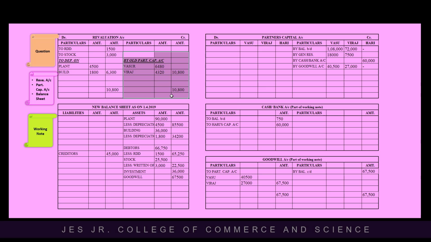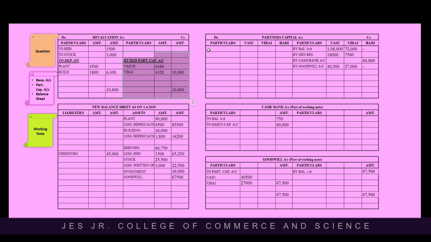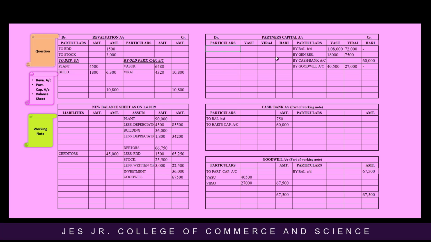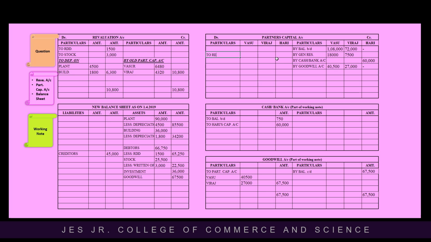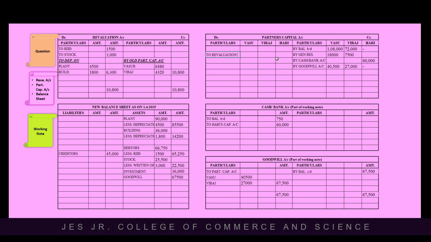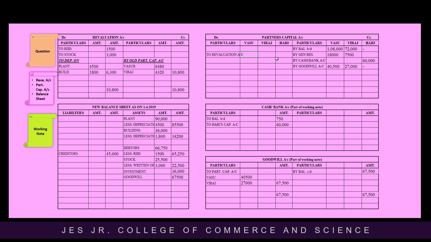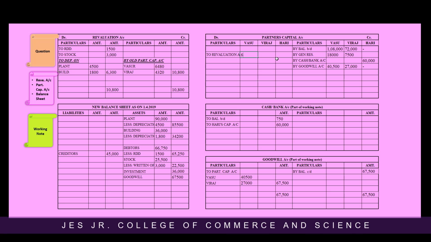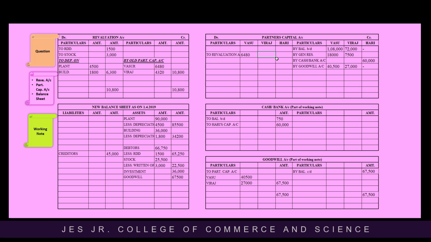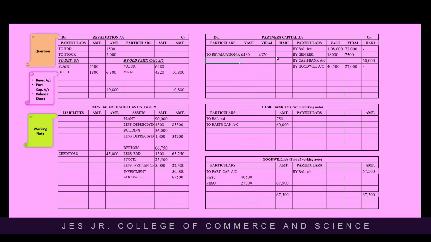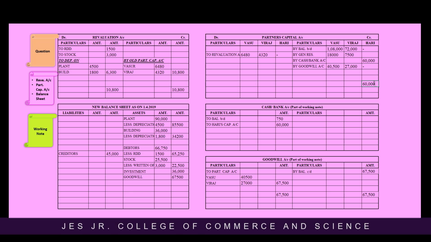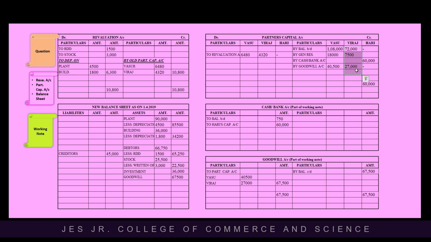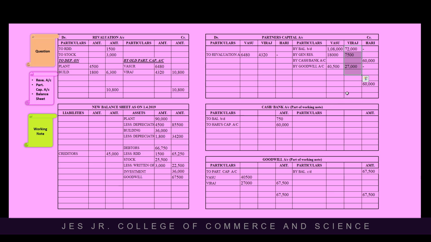नाउ दिस लॉस इज इन क्रेडिट साइड, सो हियर इट विल गो टू डेबिट साइड टू रिवैल्यूएशन अकाउंट 6,480 and 4,320. Here will be dash. Now total of this side is 60,000 and 1,06,500.